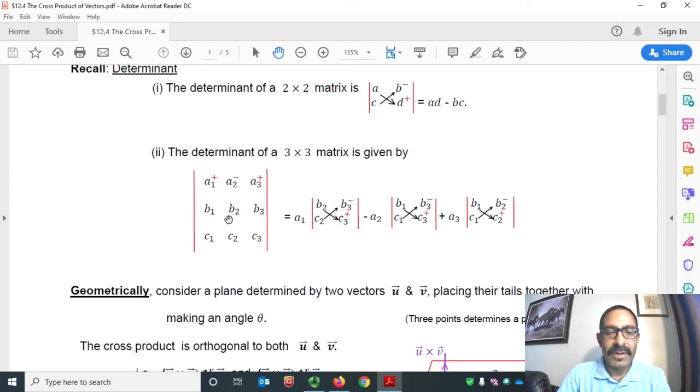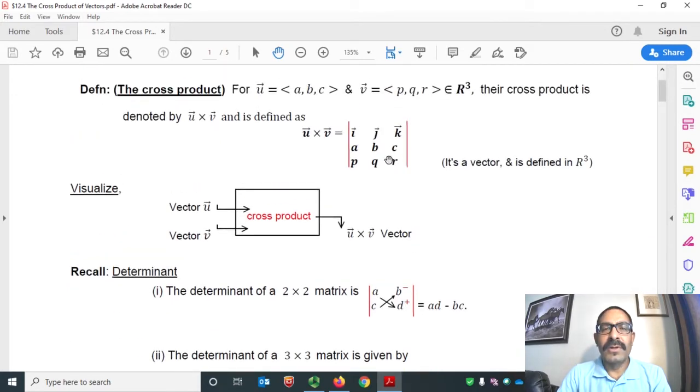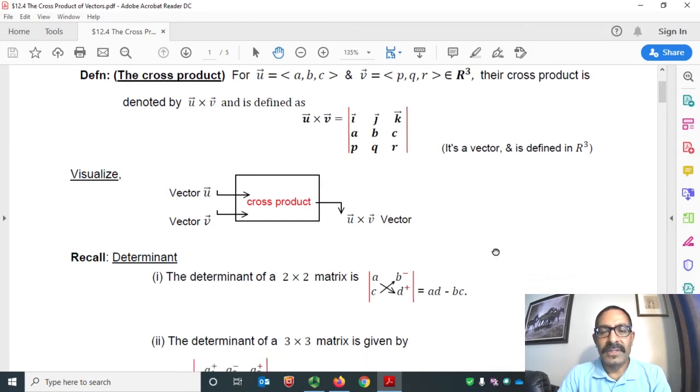So we have b1, b2, c1, c2 left. That means we reduce this 3 by 3 determinant into 2 by 2 determinants. Then you can use the first idea to expand the 2 by 2 determinants. Awesome. So with this idea, we can expand our u cross v determinant. Great, so let's move on.